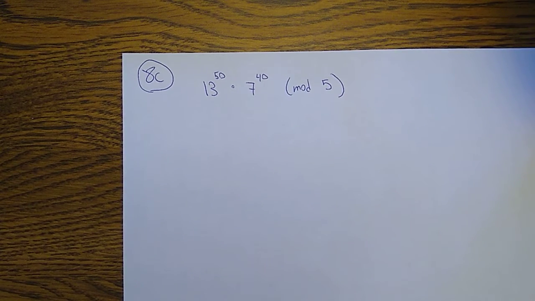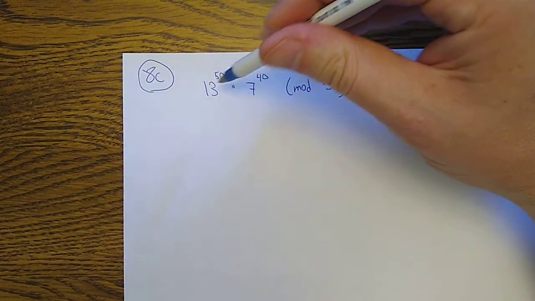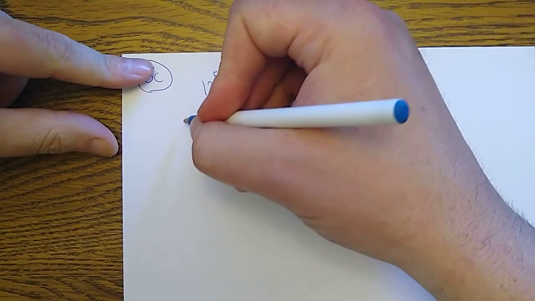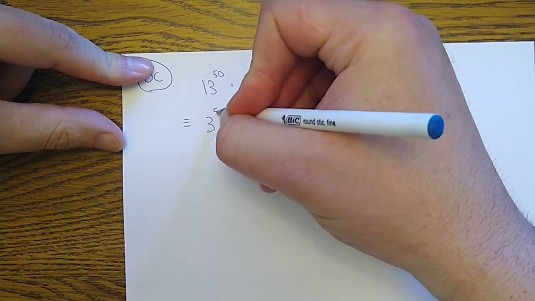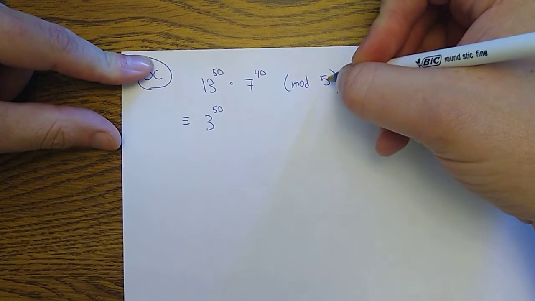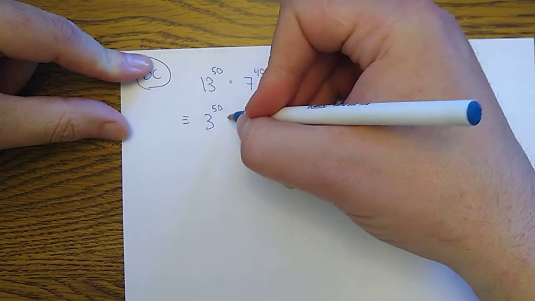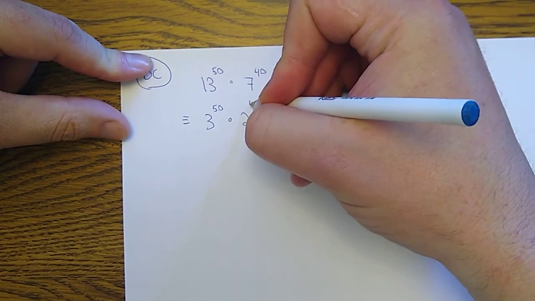Okay, so the first thing I would do once again is reduce 13 and 7. Unfortunately, they're not going to be 1, because modulo 5, 13 is the same as 3 and 7 is the same as 2.